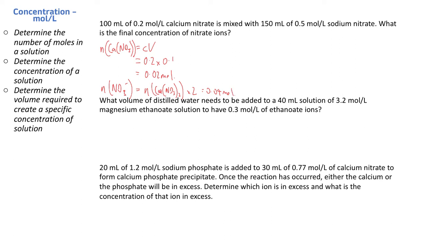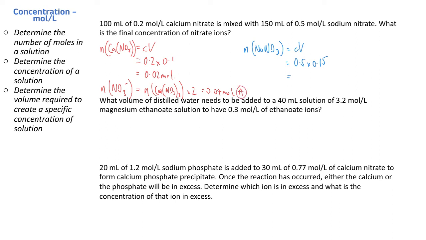Okay, then I'm going to do the sodium nitrate. So the number of moles of sodium nitrate will be equal to, again, CV, which will be equal to 0.5 times 0.15, which will be equal to something. Let's go save that number first. So 0.2 times 0.1 times 2. Save that as A.